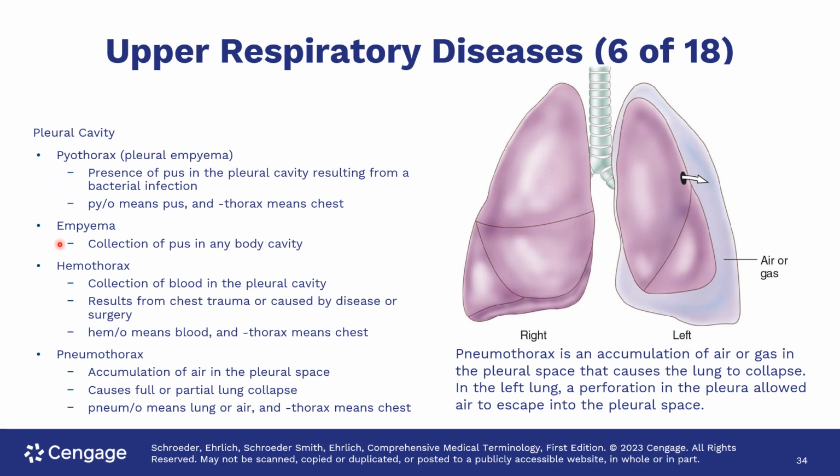Empyema is a collection of pus anywhere in the body. Hemothorax is what? Hemo is blood and thorax is chest, so collection of blood in the chest. Pneumo is lung or air and thorax is chest, so accumulation of air in the chest, like from a collapsed lung.